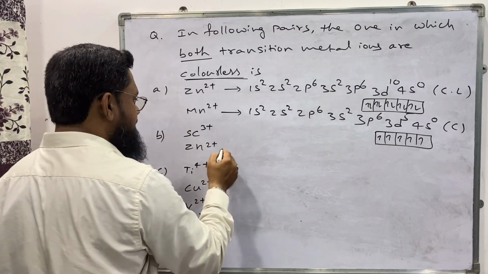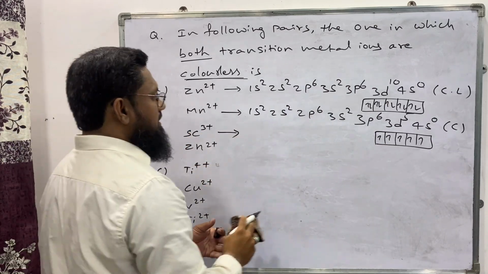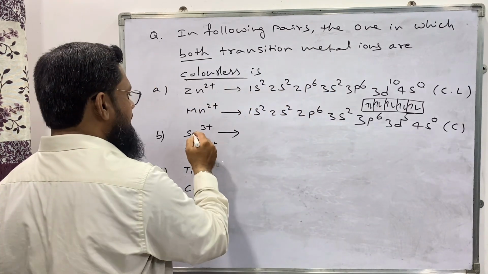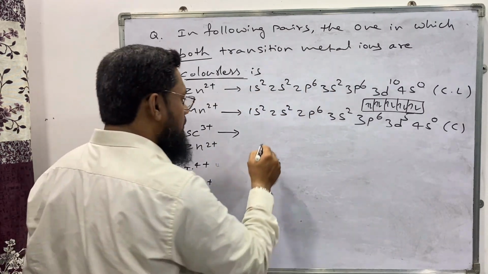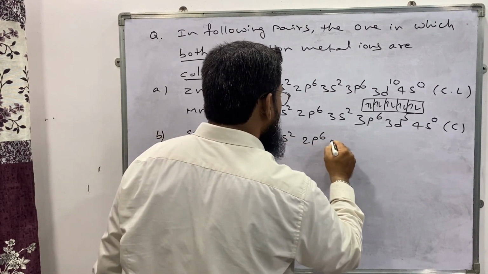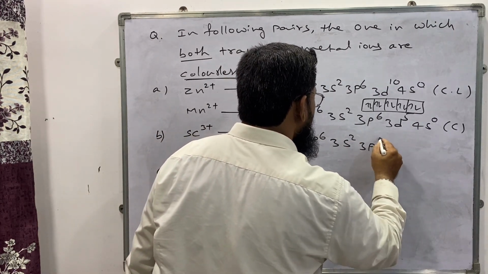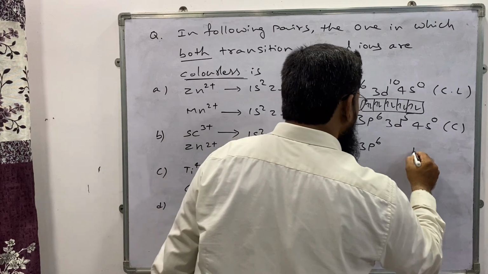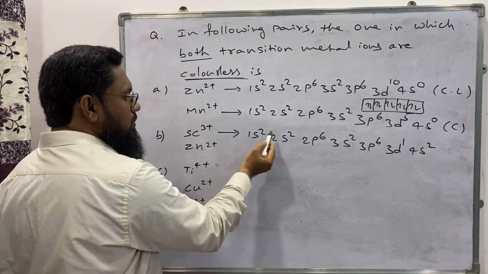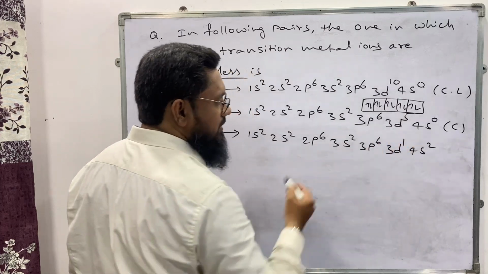Let's take this one. If you take scandium, you know scandium number is 21. So configuration 1s2, 2s2, 2p6, 3s2, 3p6, then 4s2, 3d1. So 2, 4, 10, 12, 18, 20, 20 plus 1, 21.